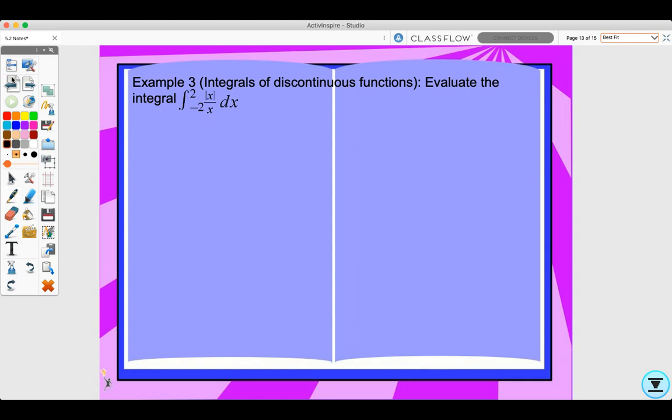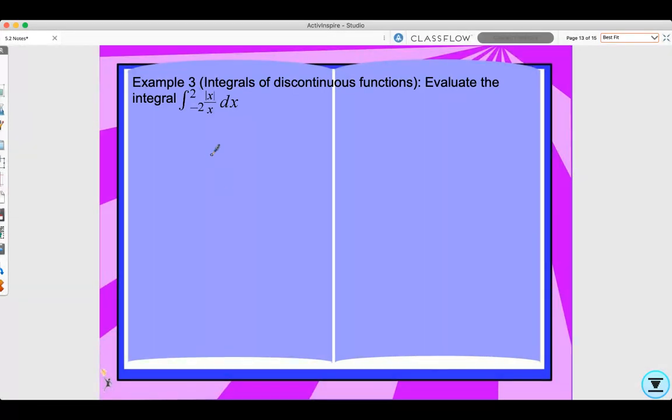Example 3. Integrals of discontinuous functions. Evaluate the integral. It doesn't say find the area, we're just going to evaluate the integral of the square root of x squared over x dx from negative 2 to 2. Let's draw this. You should know what this looks like. So this would look like this.